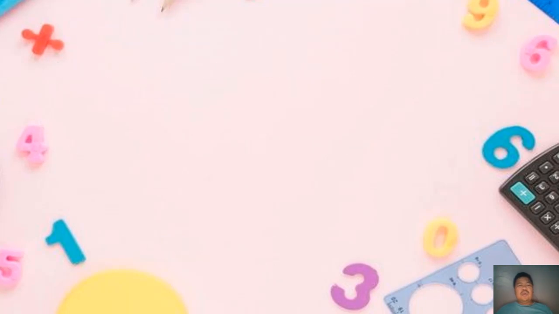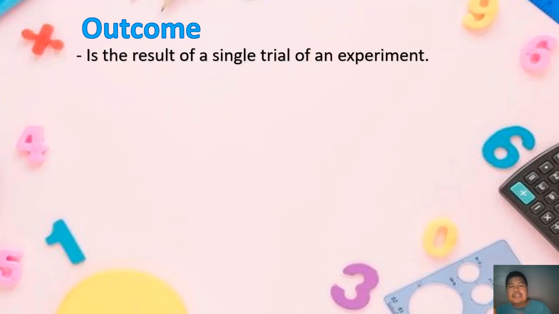Next, so we have now the outcome from the probability experiment. What is outcome? Outcome is the result of a single trial of an experiment. So, sir, ano po yung sinasabing single trial dyan? So, yung mga posibleng mangyayari doon sa isang experiment. For example, single trial is ibig sabihin isang beses mo lang siyang pwedeng gawin. For example, when you flip a coin, ano yung pwedeng lumabas doon? It may be a heads or tails only.